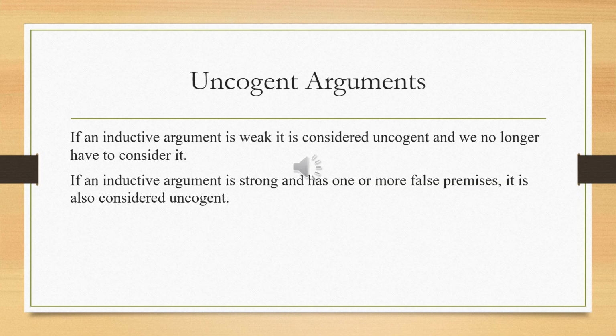So, determining that an argument is strong is a provisional test. If the argument passes that test, then we move to the test of cogency. And here the argument can still fail if it is strong but has an actually false premise or more than one false premise. That makes it uncogent, and uncogent arguments are bad inductive arguments.